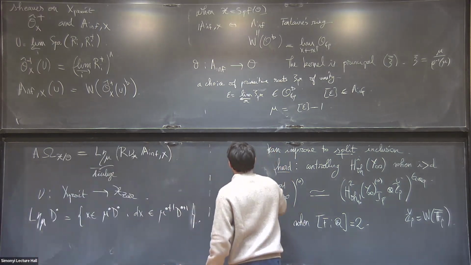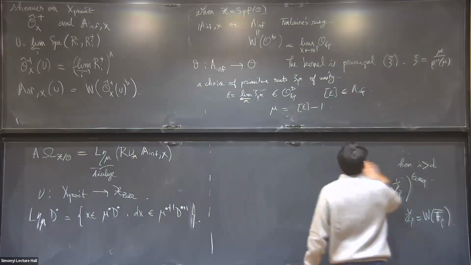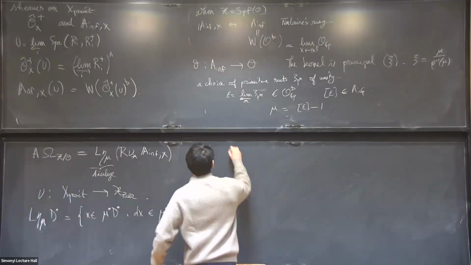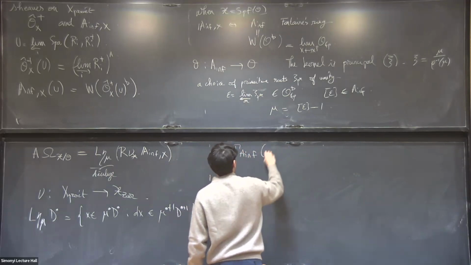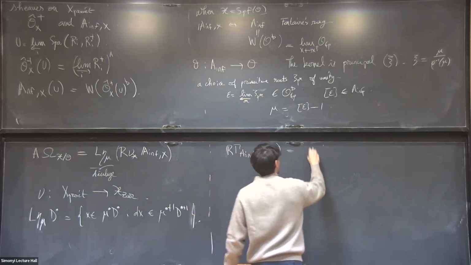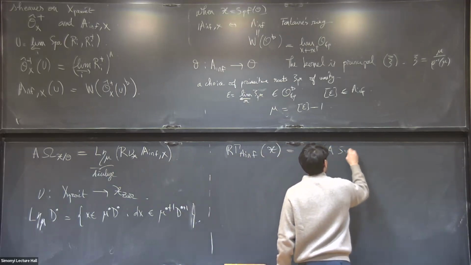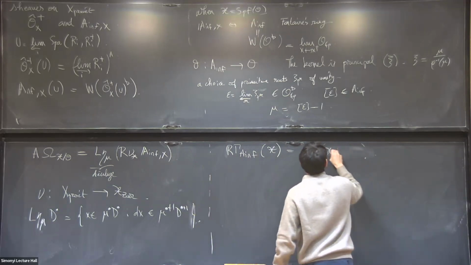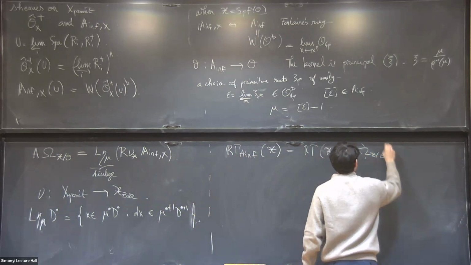And then A_inf cohomology of X is defined as the derived global sections of this A_Omega_X.